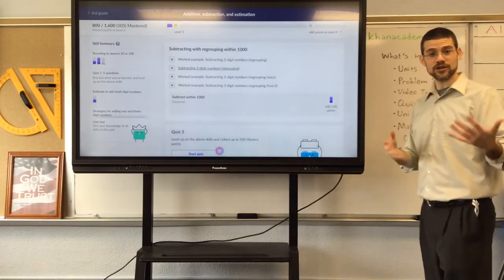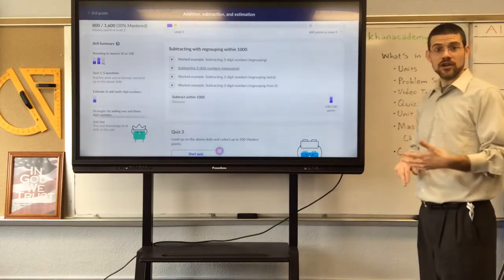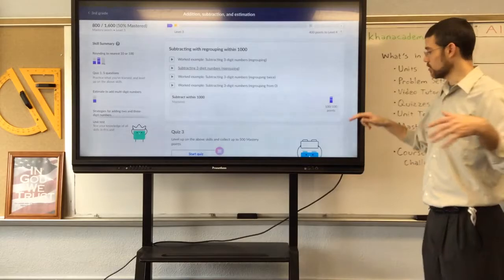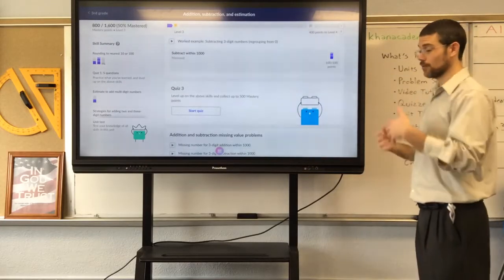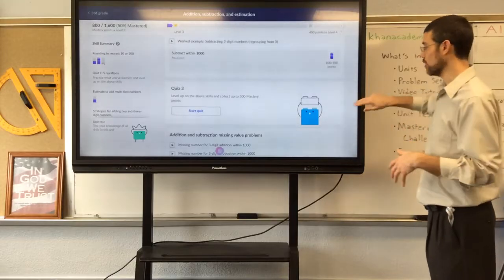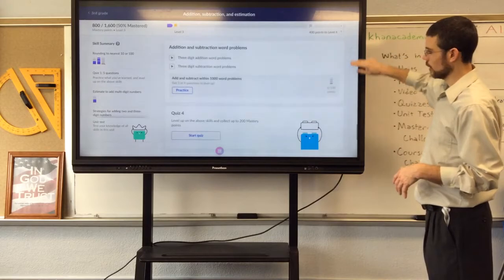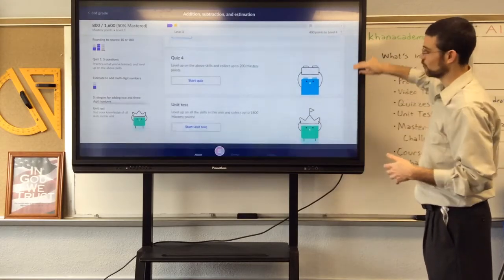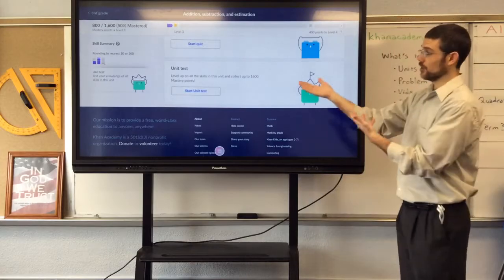Depending on the number of skills in your unit, there are various numbers of quizzes. Some units are small enough that they don't have a quiz, just have a unit test. Some have 2 quizzes, some have 5 quizzes, just depends on how many skills there are in the unit. Okay, so then this one has quiz 4, and after quiz 4, there are no more skills, but there is a unit test.